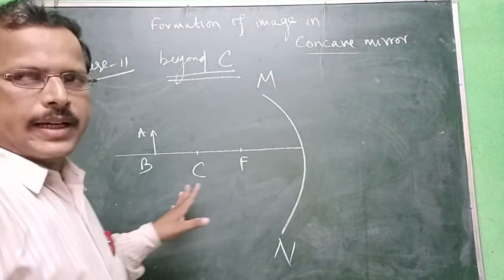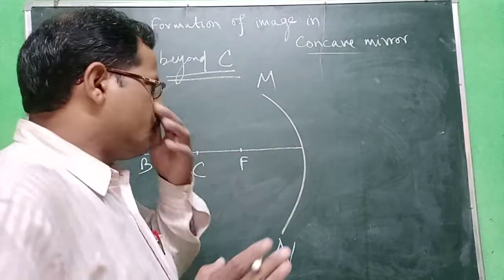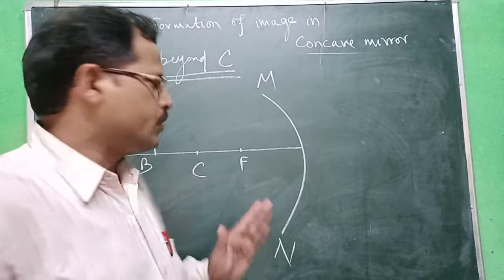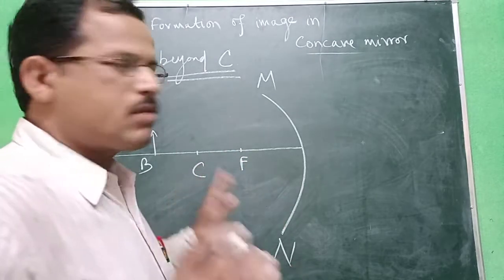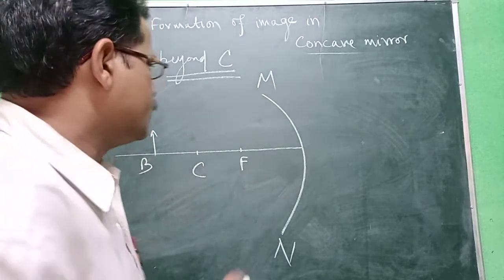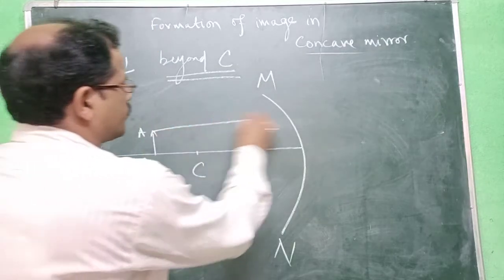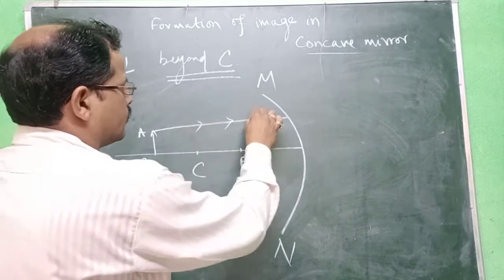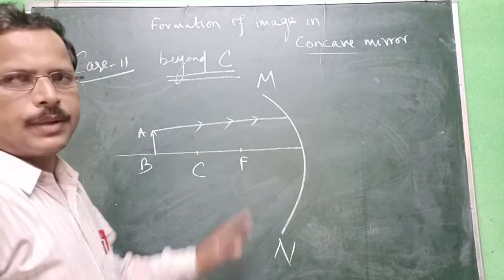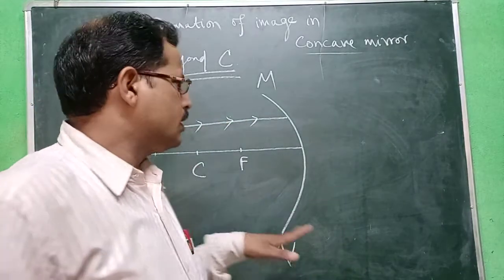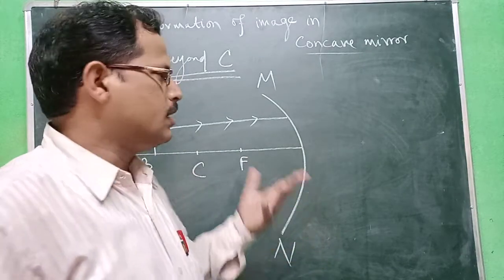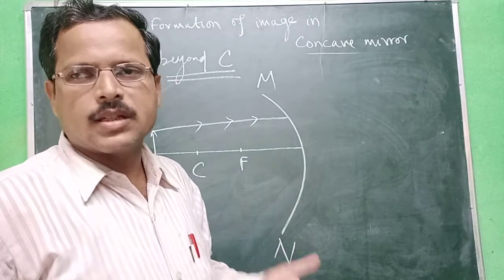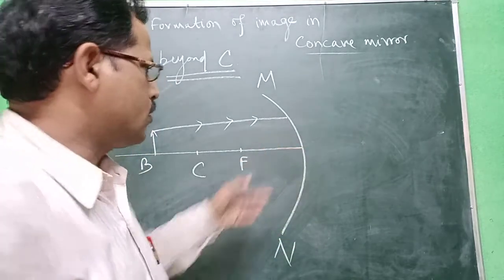So our next position of the object is beyond C, just outside the center of curvature. One ray coming parallel with the principal axis reflects back, passing through the principal focus.